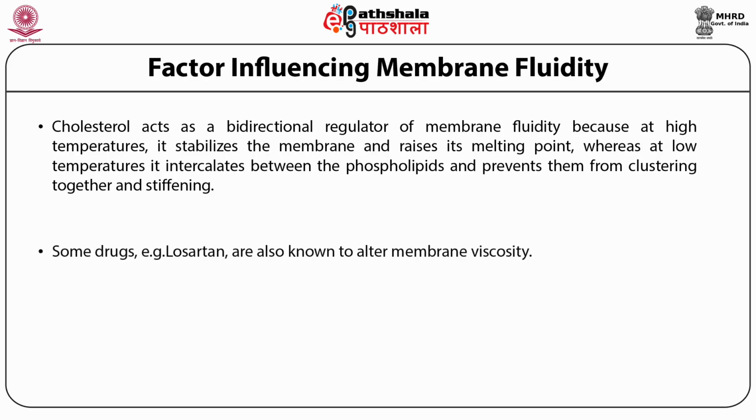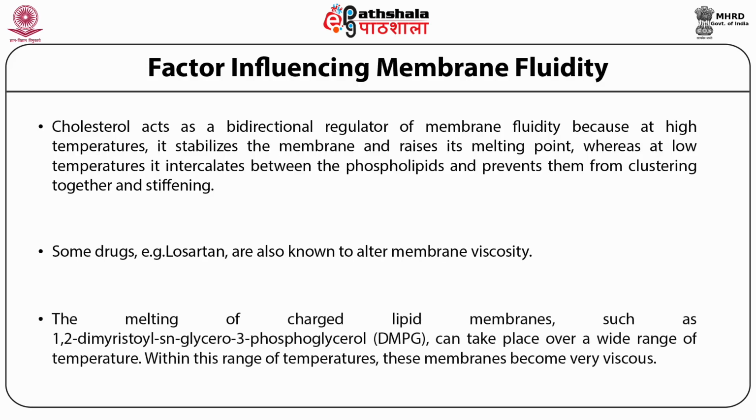Some drugs such as losartan are also known to alter membrane viscosity. The melting of charged lipid molecules such as DMPG, that is 1,2-dimyristoyl-sn-glycero-3-phosphoglycerol, can take place over a wide range of temperature. Within this range of temperature, the membrane becomes very viscous.